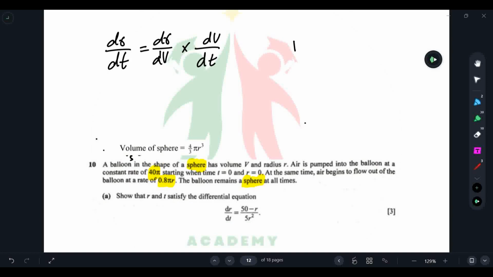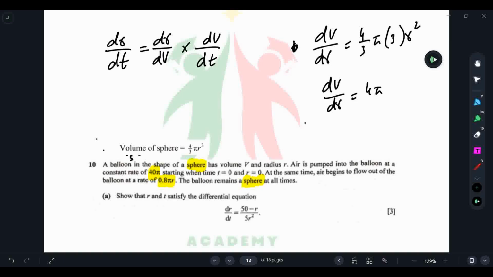If we find dV by dr, dV by dr will be equal to 4 by 3 pi into 3 into r square.